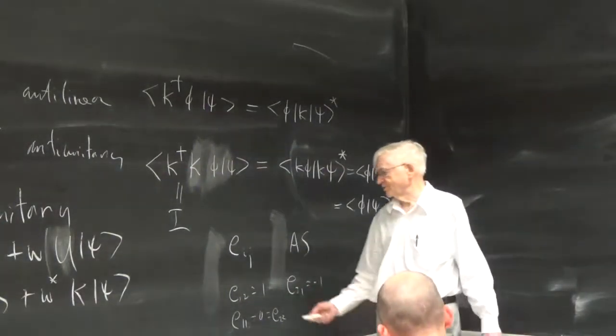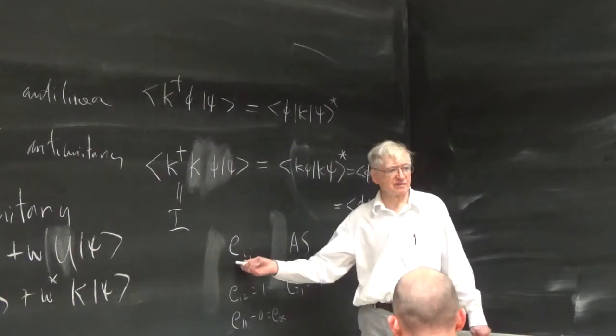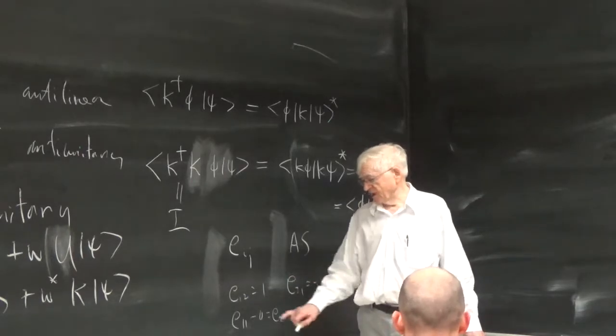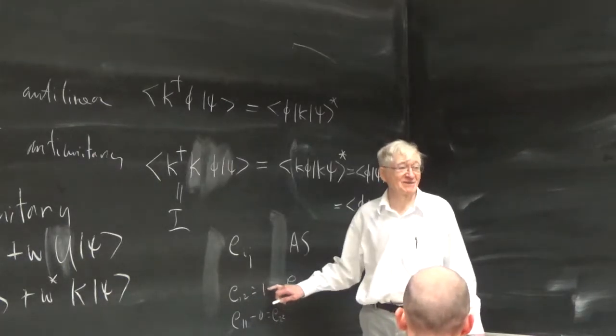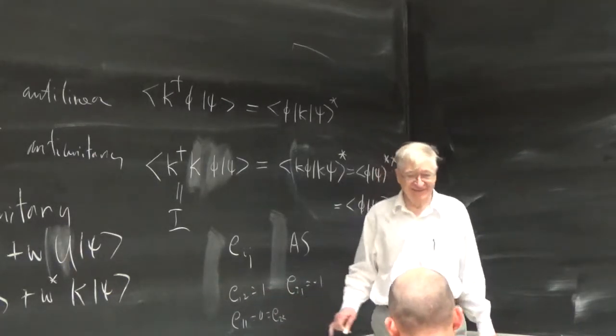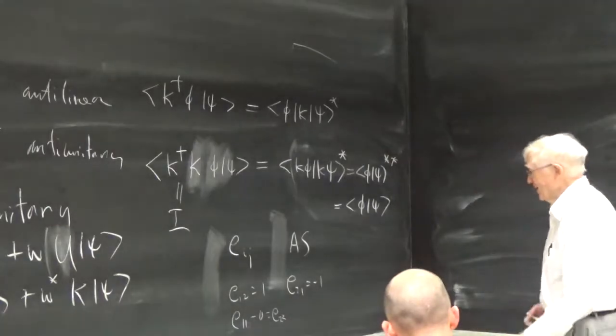This is the two-dimensional Levi-Civita symbol, if you want. And when I say epsilon 1,2 is equal to 1, there are, of course, two conventions. The other convention is epsilon 1,2 is minus 1, epsilon 2,1 is 1. Anyway.